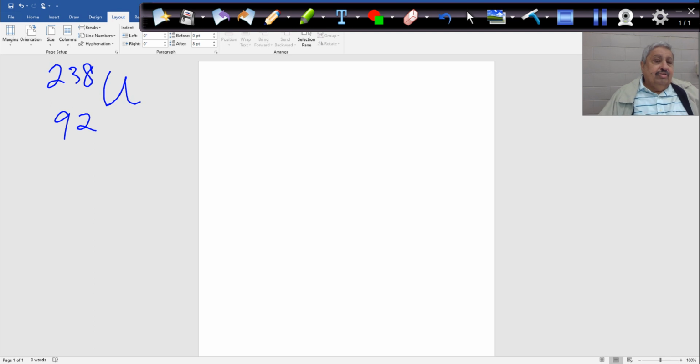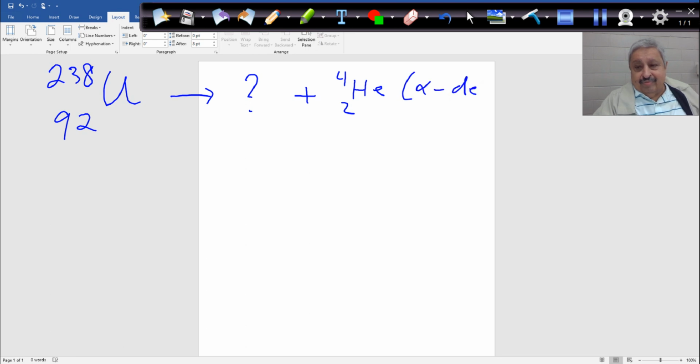Now let's look at all the types of decay we have. We have an element we don't know, and we are producing something out of this element. First, alpha decay. So this is called alpha decay.